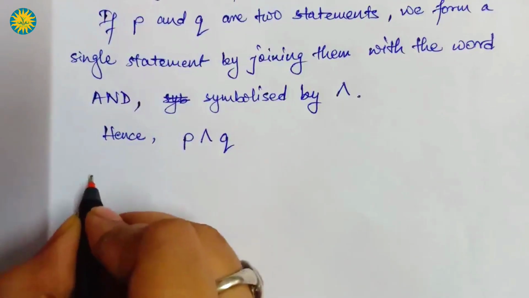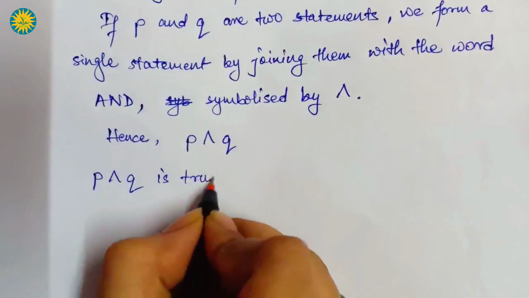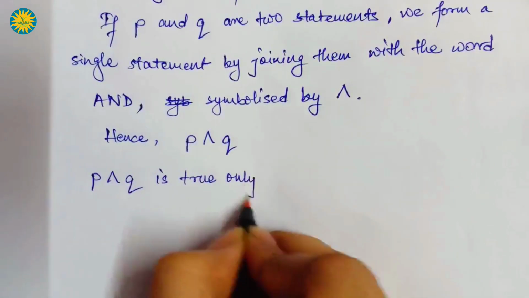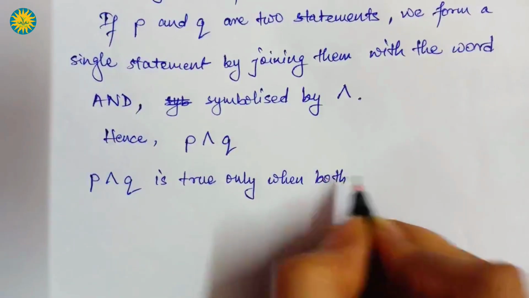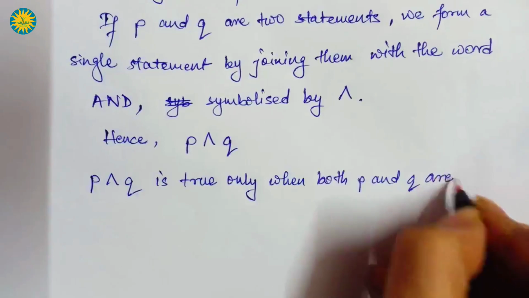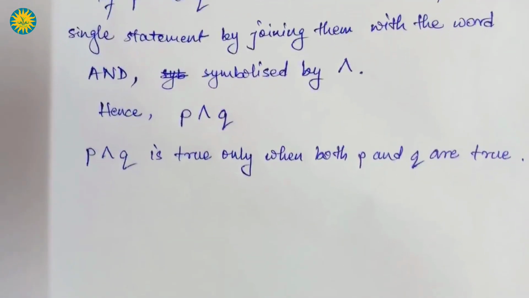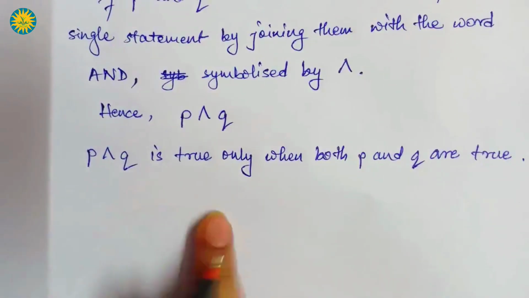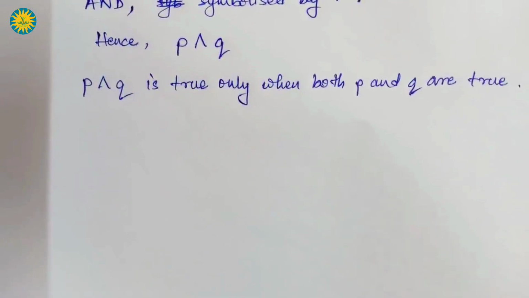Now we need to know that P and Q is true only when both P and Q are true. We can write this using a tabular form, which is known as the truth table.